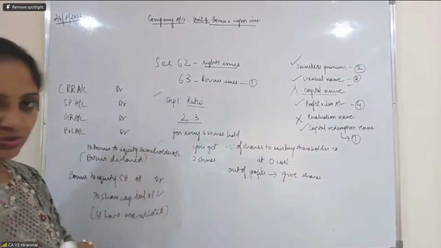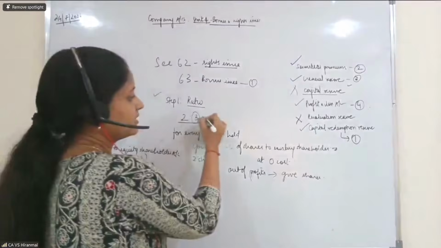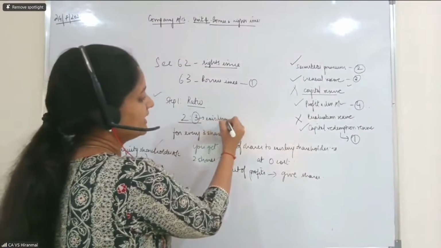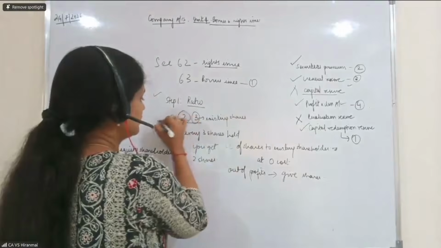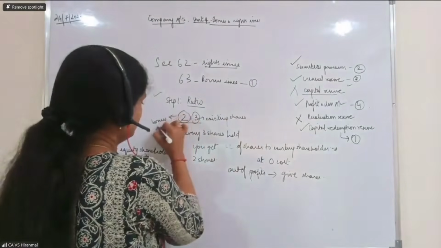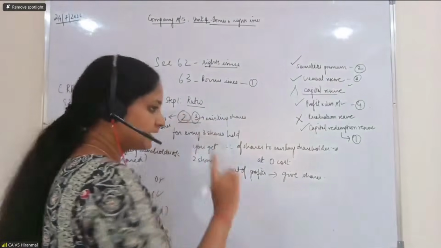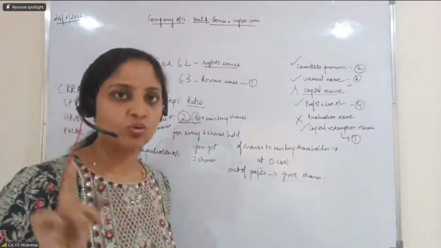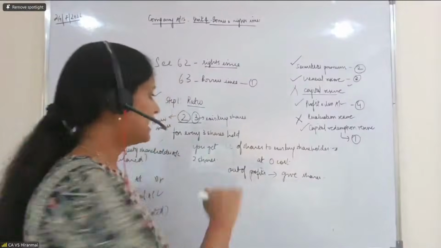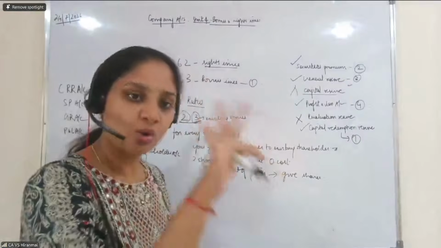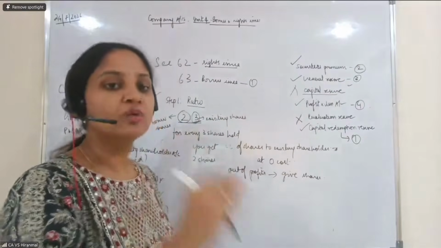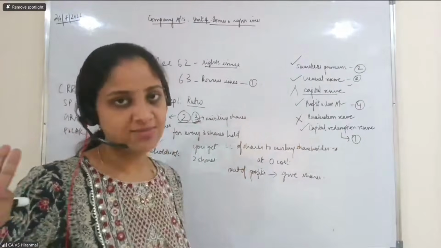When I say 2:3, the second number is denoting the existing shares you hold, and the first number denotes the bonus shares. That means आप अगर कंपनी में एग्जिस्टिंग शेयर होल्डर हो, ओके, एंड एग्जिस्टिंग की वजह से आप 3 शेयर्स कंपनी में होल्ड कर रहे हो, you will be given 2 shares as bonus.